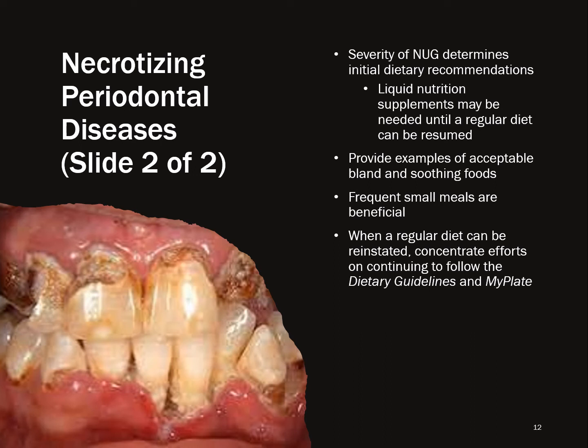Systemic health is where nutrition plays a role in this, right? Because their overall health is important in their body's ability to fight this infection. And then also psychological. So are they going through a lot of stress right now? Those things will contribute to the patient having necrotizing periodontal diseases.